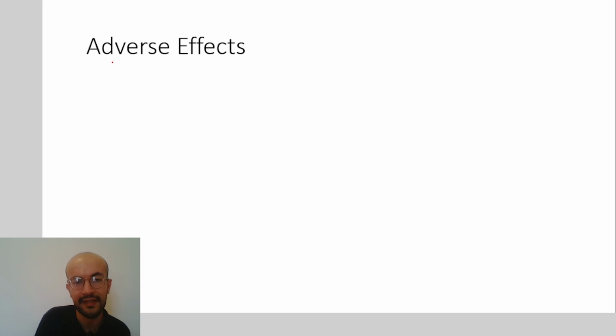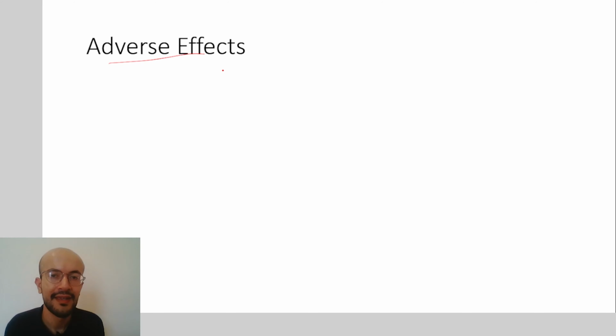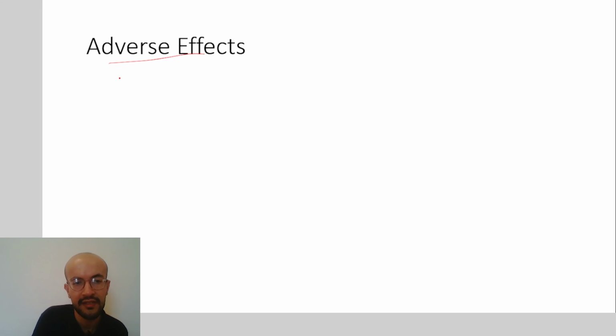Now let's talk about the adverse effects of the aminoglycosides. The adverse effects are collected in the mnemonic NNN from amino. So the first N is for nephrotoxicity.